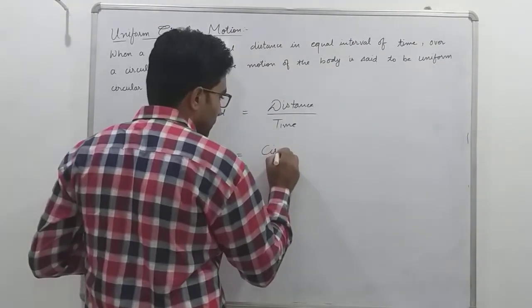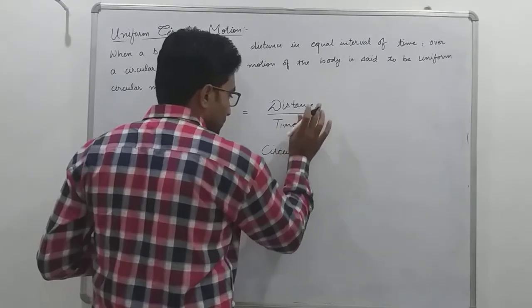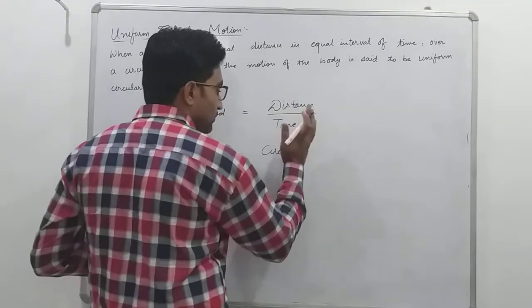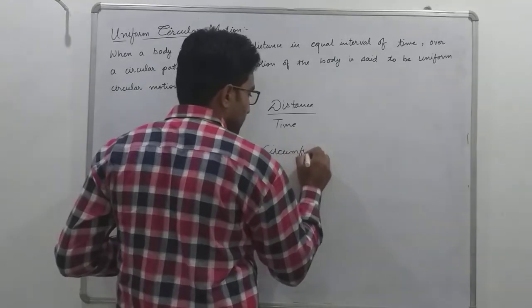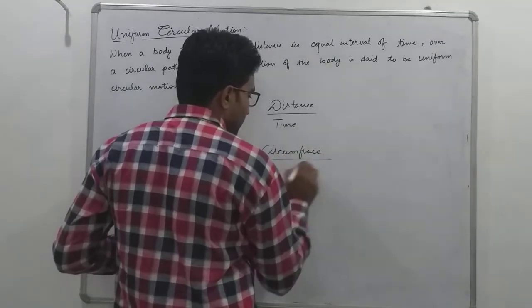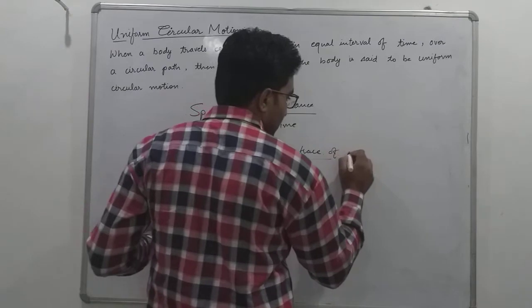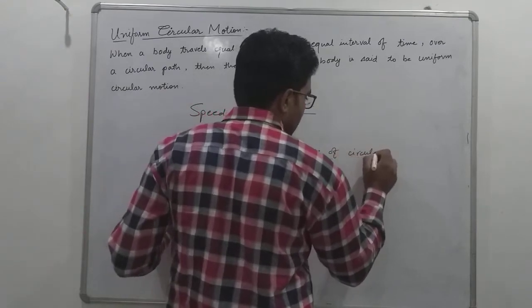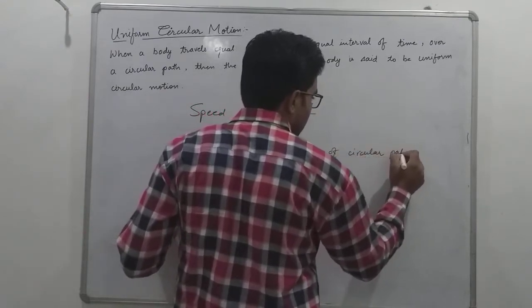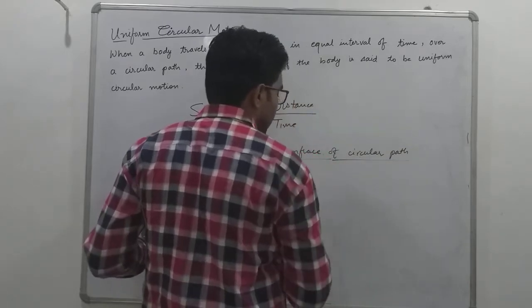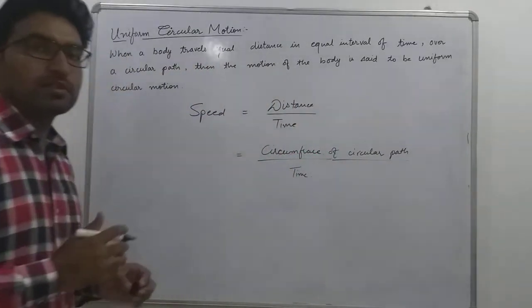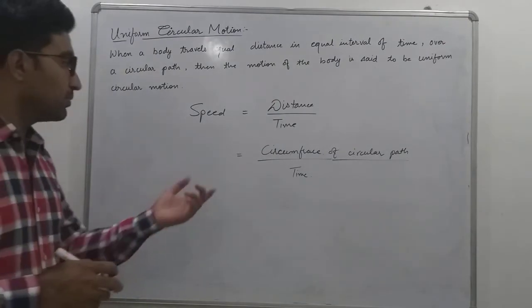circumference of the circular boundary, or we can say circular path, upon time taken to complete the circular motion along the path.